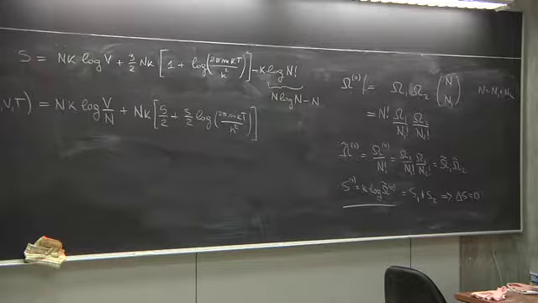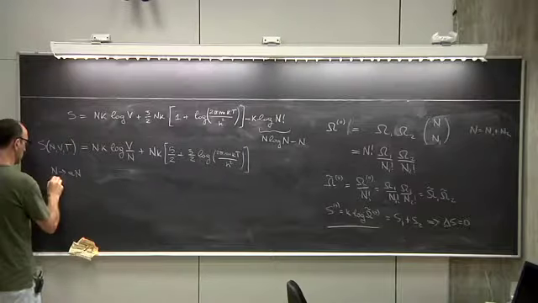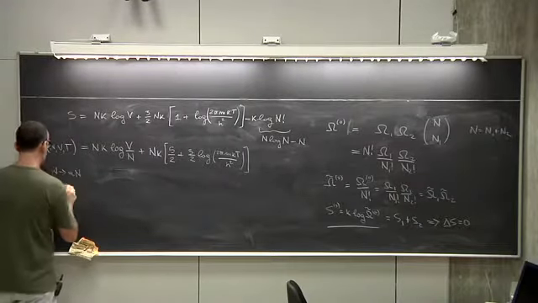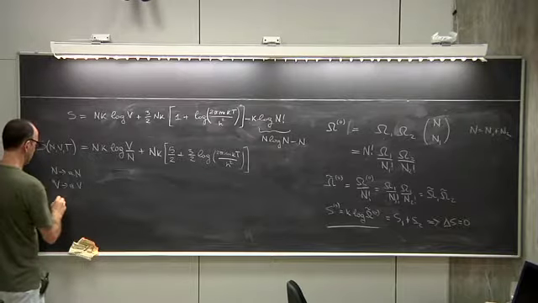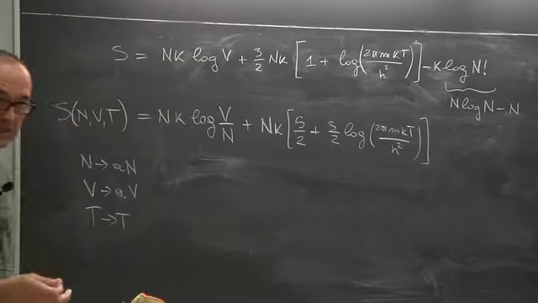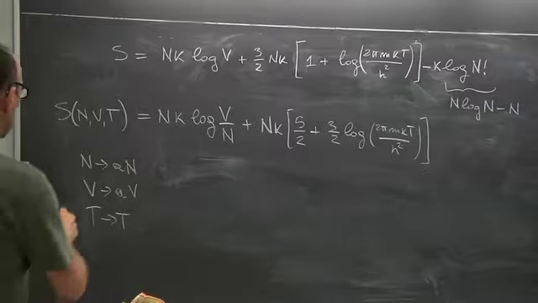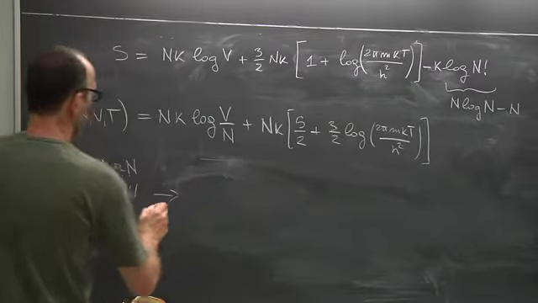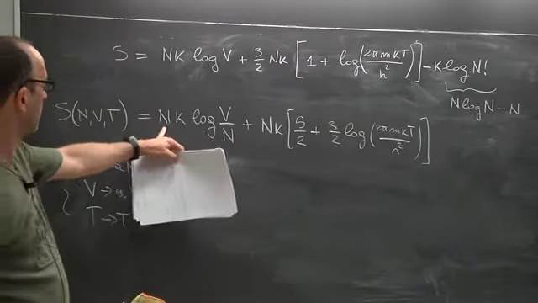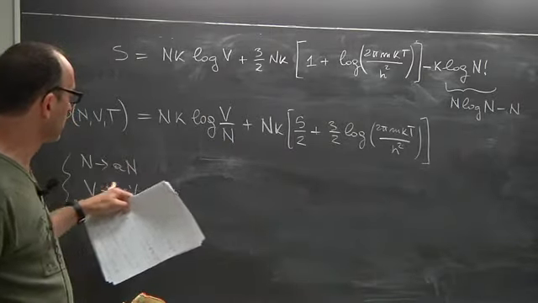Because if I change n into a times n and v into a times v, and the temperature remains the same because it's an intensive quantity, then you see that under this transformation, v divided by n remains v divided by n.